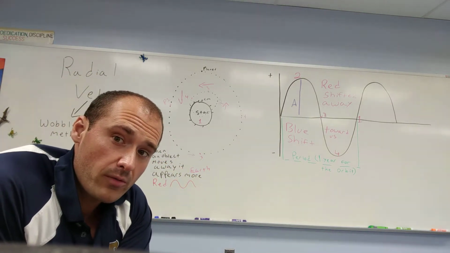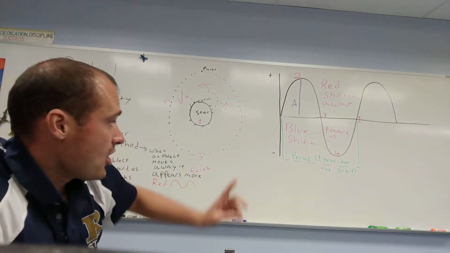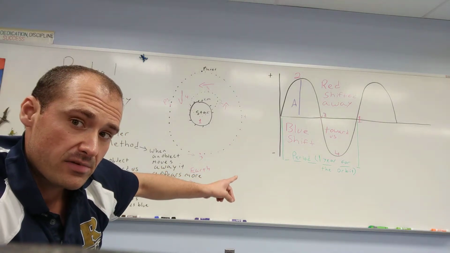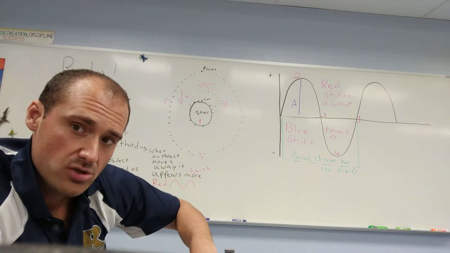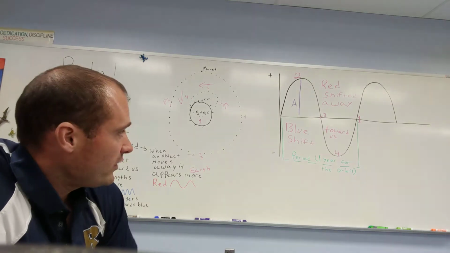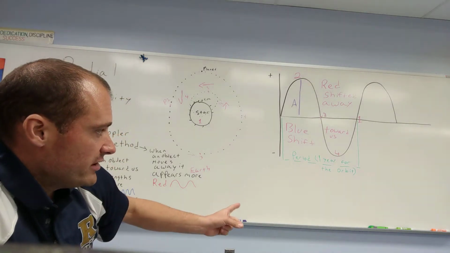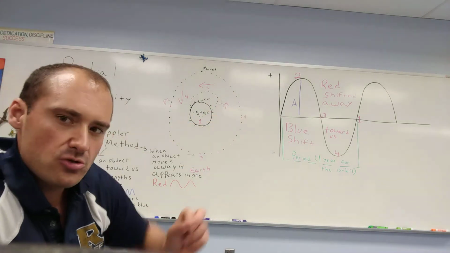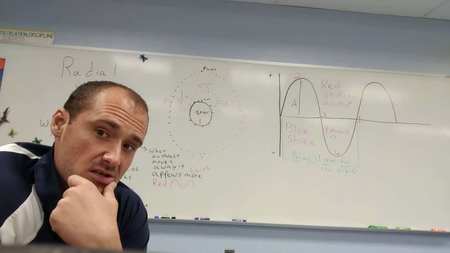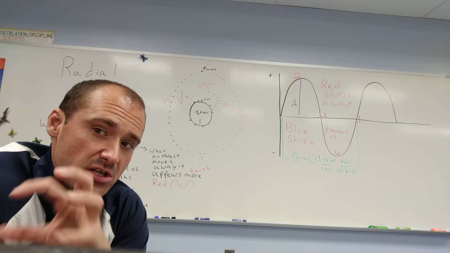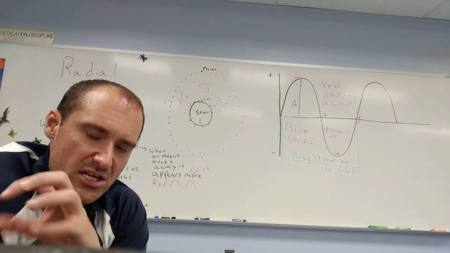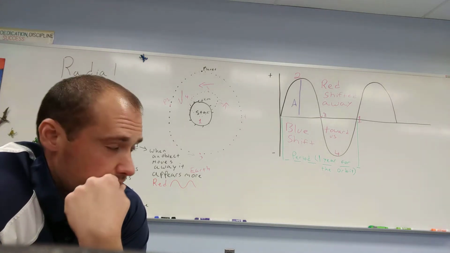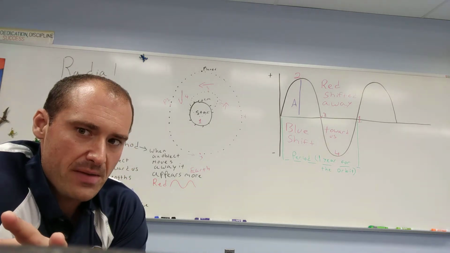Remember, when we started doing Kepler's laws, the period of the planet is related to the distance from the planet. So if we know the period, we can tell the distance. And by looking at the amplitude, you can tell the mass of the planet, because that planet is causing its star to gravitationally wobble.